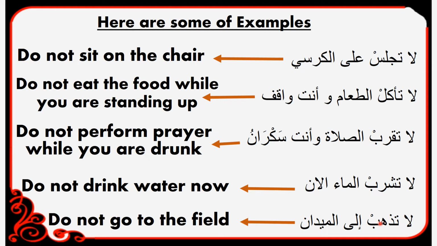So, the verbs of present tense that take sukun here are تجلس, تأكل, تقرب, تشرب, and تذهب. The reason why these verbs of fi'l mudari take sukun is because of la, and la is used to prevent the second person or the listener from doing something.